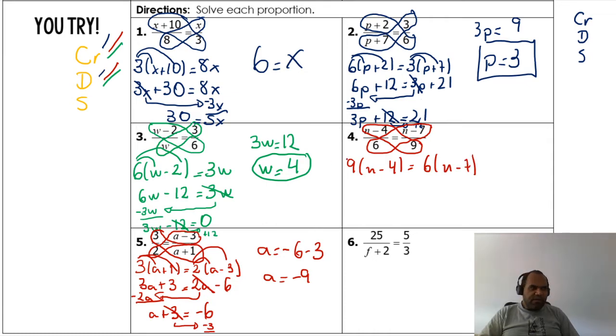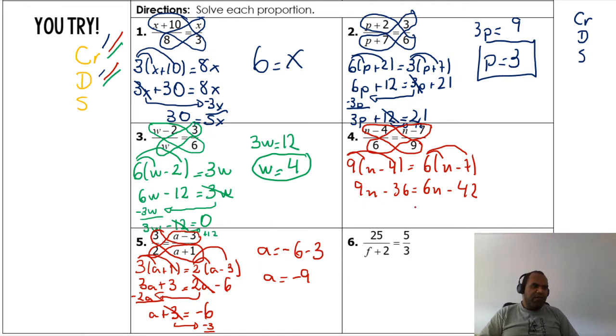Just the same way, distribute: 9n minus 9 times 4, negative 36, equals 6 times n is 6n. 6 times negative 7 is negative 42. Great. Done. Right now we did everything here.